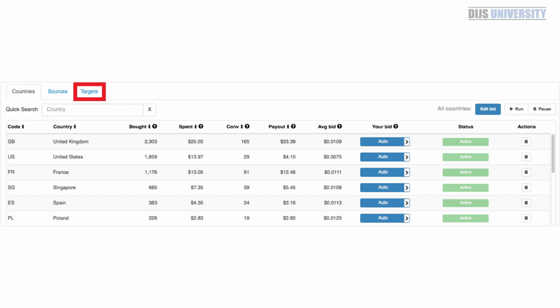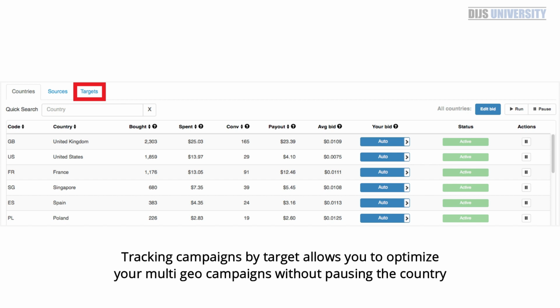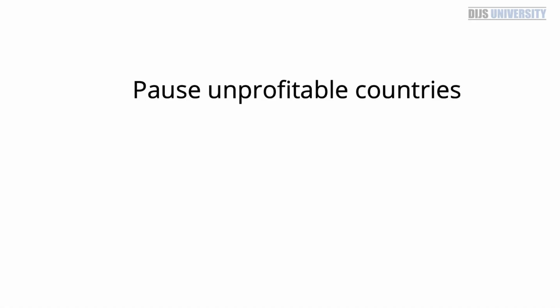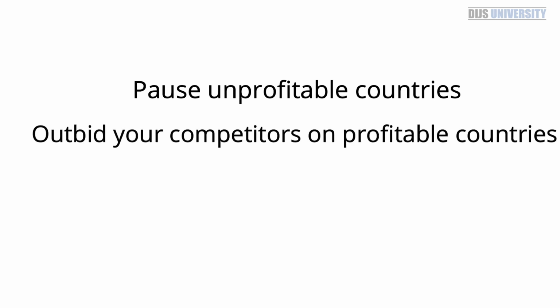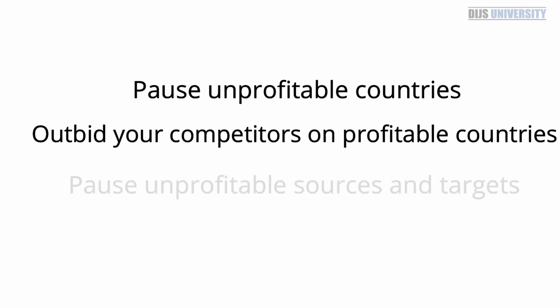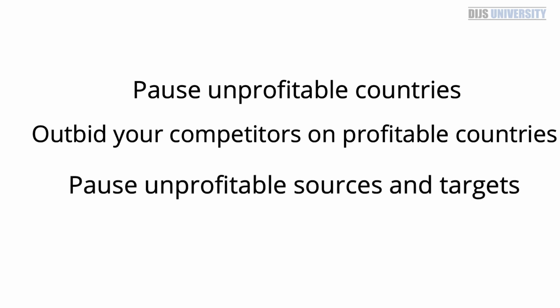Tracking your campaigns by target allows you to optimize your MultiGeo campaigns without pausing whole countries. In order to optimize your MultiGeo campaigns, you can pause unprofitable countries, outbid your competitors on profitable countries, pause unprofitable sources, and pause unprofitable targets.